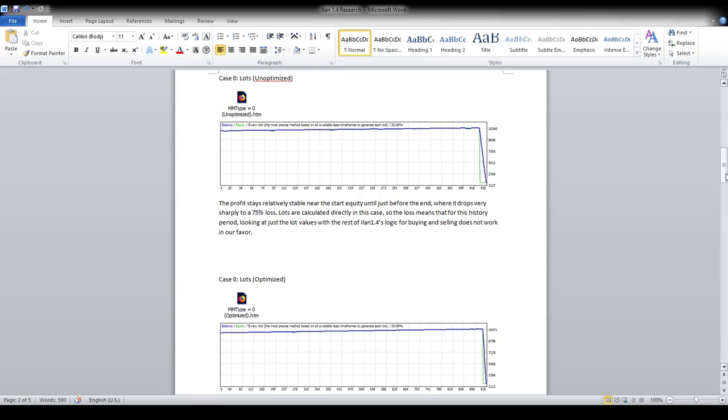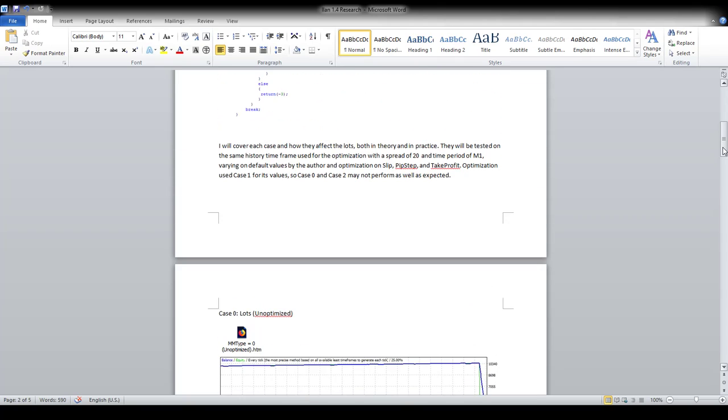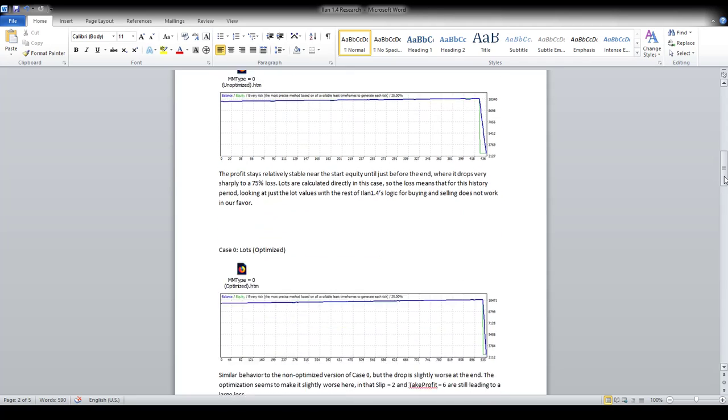Just by looking at the variables that we are checking, this is saying that we do not want lots to be used directly without any changes. And the default author variables for slip, pip step, and take profit don't seem to be helping much either.